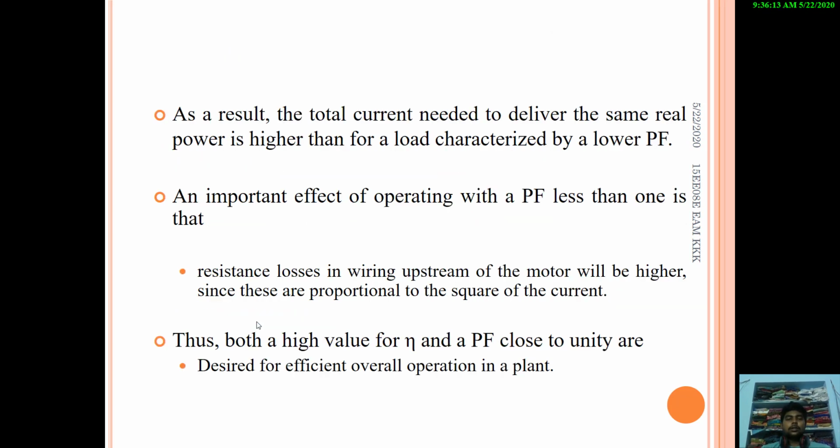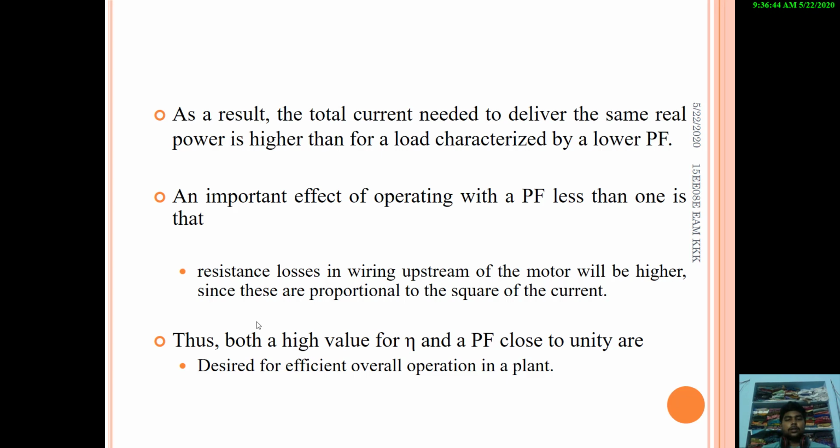As a result, the total current needed to deliver the same real power is higher for a load characterized by a lower power factor. An important effect of operating with a power factor less than 1 is the resistance loss. That is, in a motor we experience I square R losses, the losses due to resistance.